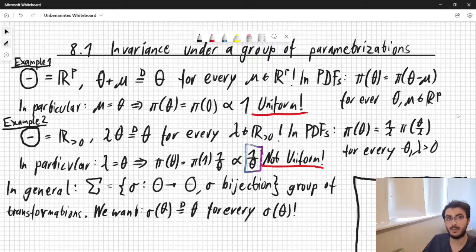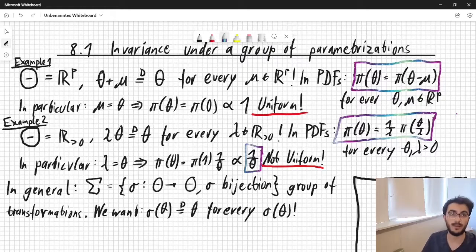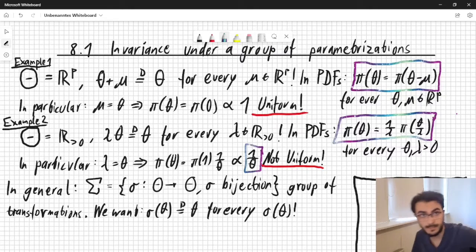I'm going to move on to not invariance under a group of transformations, but invariance under reparametrizations. You can see that for these two, I just said that I have a formula on how they behave under transformations, but really I should tell you the formula so that you know how they behave. So let's move on to that.